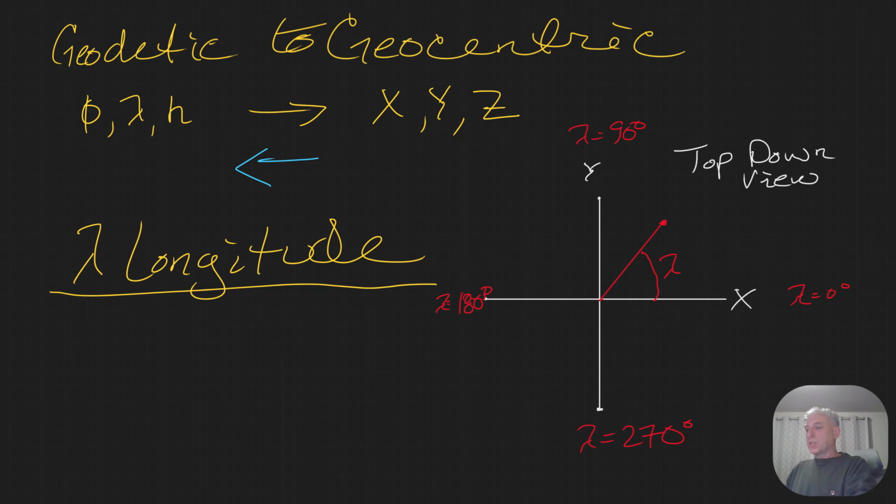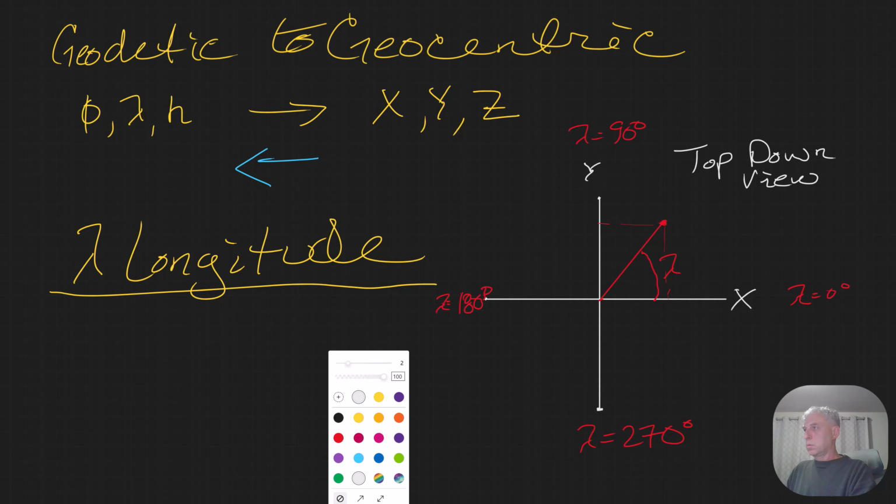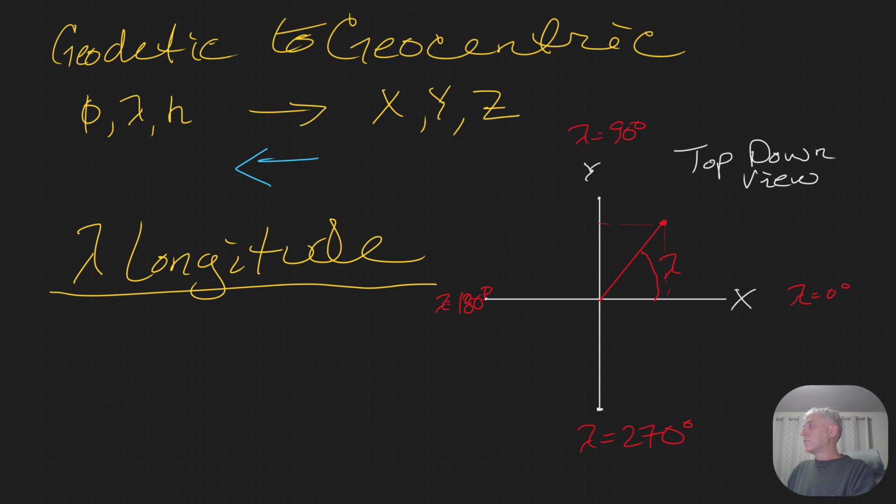When we've seen this kind of situation before, well, we're just, let me do it down here. I'm going to erase that. Okay, so we have the tangent of lambda equals y over x, right?